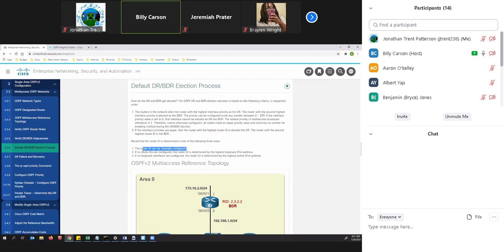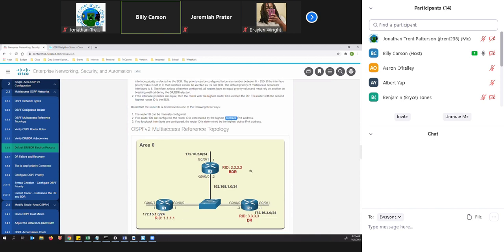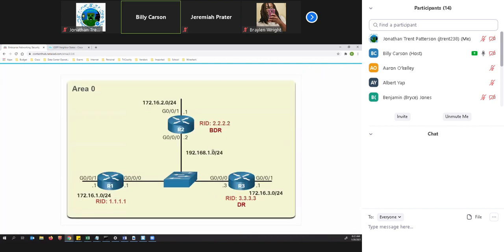Then it's going to look at the router ID, see who's the highest. If that's not defined, in this case, you can see them defined, the next thing you look at is the loopback. If there's a loopback address assigned, it's the highest loopback address. And if that's not defined, then it's going to look at the highest IPv4 address. Okay, the highest IPv4 address. So if you were looking at this example here, if they're all priority 1, so we know it's looking at the router ID.